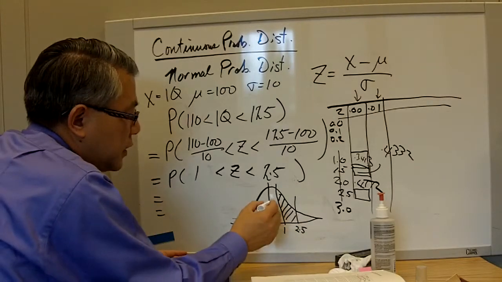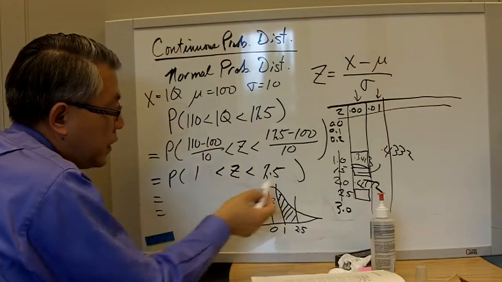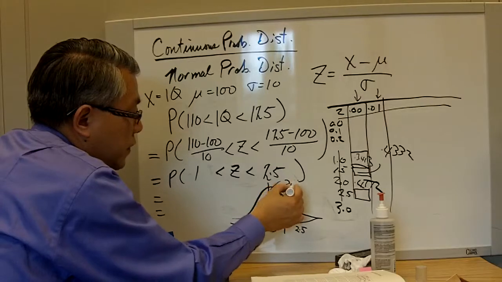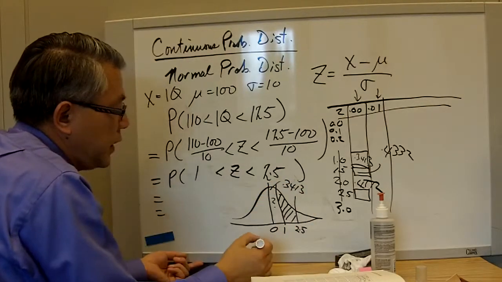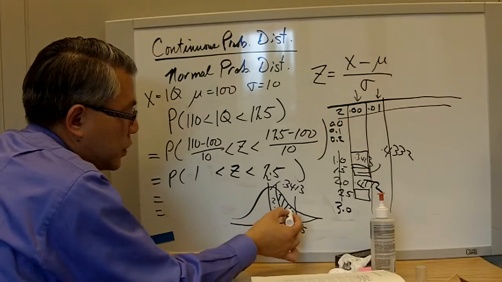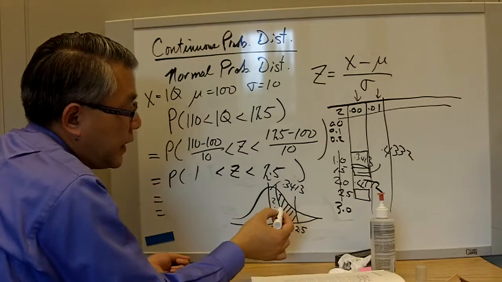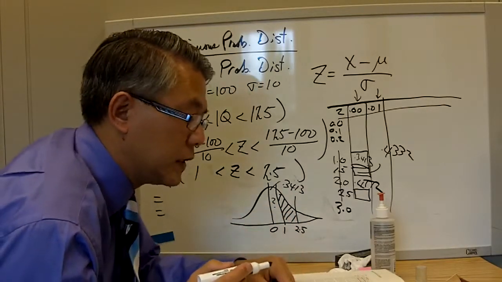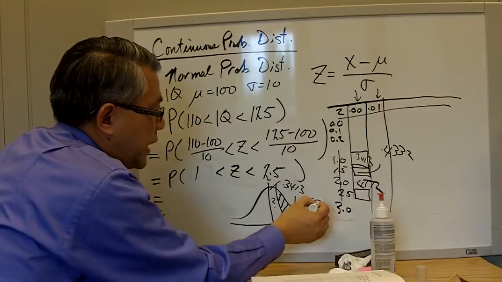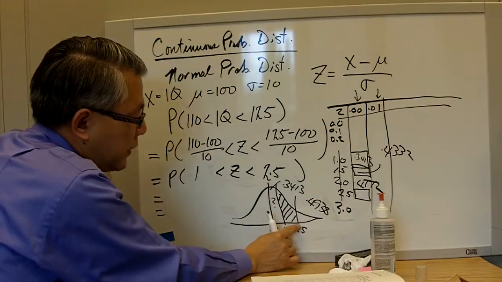The area from 0 to 1, that we know based on the previous calculation, is equal to 0.3413, and from 0 to 2.5 altogether, I believe it is equal to 0.4938, which represents the area from 0 to 2.5.